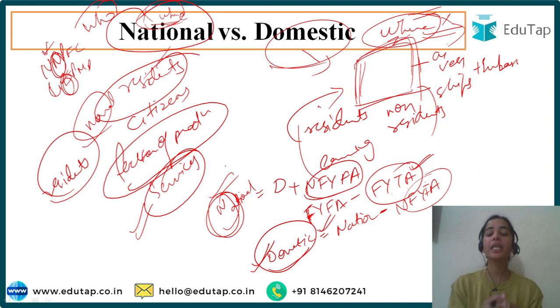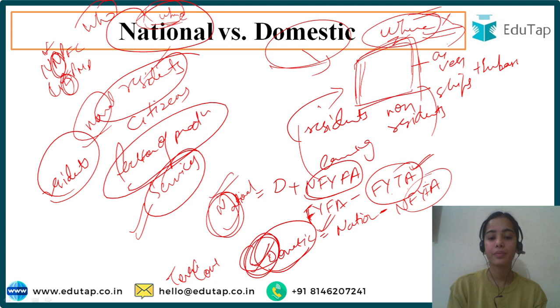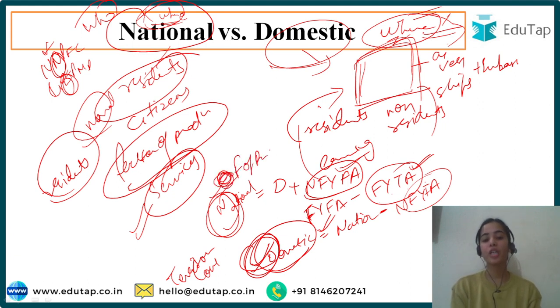In the domestic, we deduct what we have earned from outside because we do not want to see what is being produced outside. Even if our citizens are producing it, we only want to see what is being produced in our territory. And national means net factor income from abroad is added because we want to see how much our citizens, our factors of production, are producing.